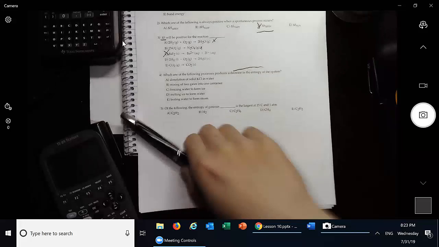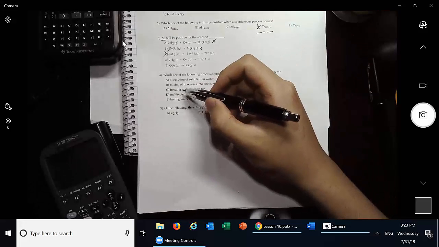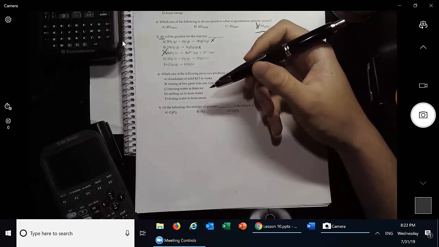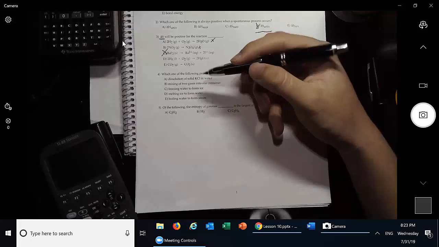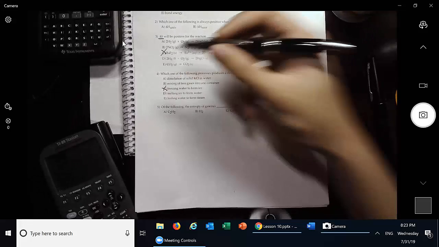Yeah, C, because we're turning this free-flowing liquid into a rigid solid. We're turning it into rigid ice where all of the water molecules are held in place in a solid. This next one's a bit tricky.